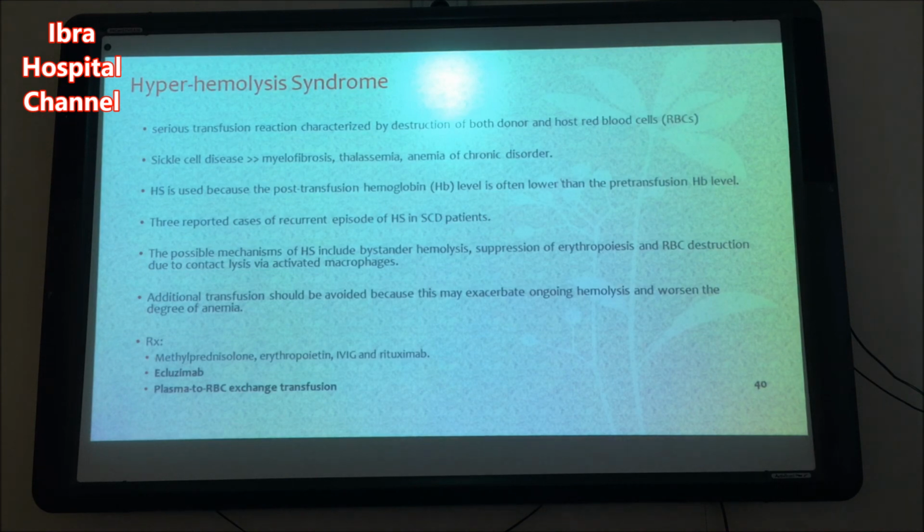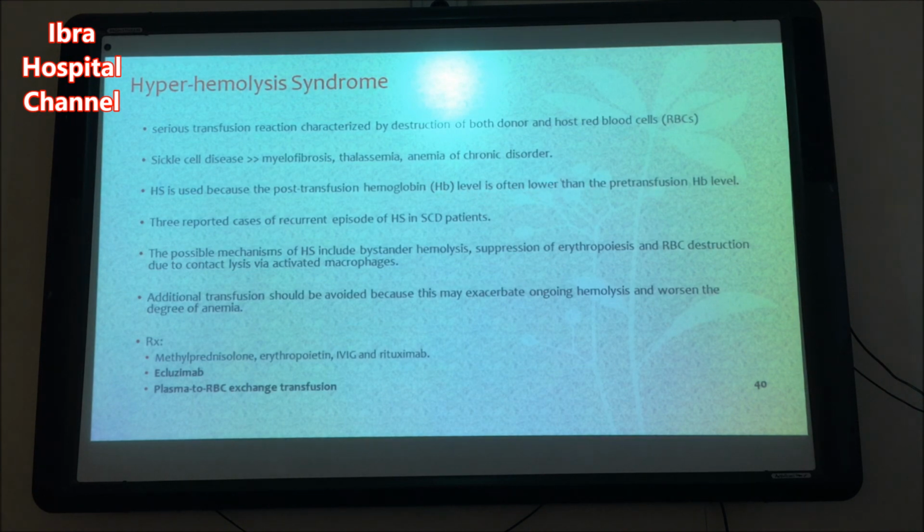Okay, so let me discuss it in more detail because you seem interested. This is a serious transfusion reaction characterized by the destruction of both donor and host cells. It happens in sickle cell, but it has also been reported in other diagnoses like thalassemia or anemia of chronic disease. The term hyperhemolysis is used because the post-transfusion hemoglobin is often lower than the pre-transfusion hemoglobin.